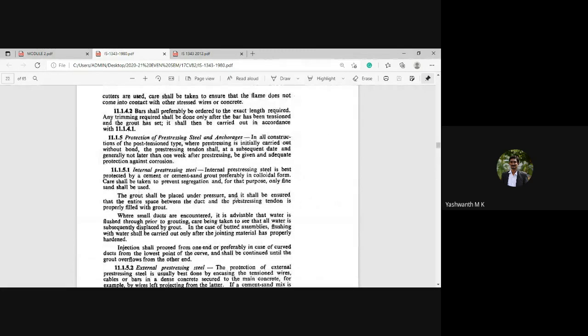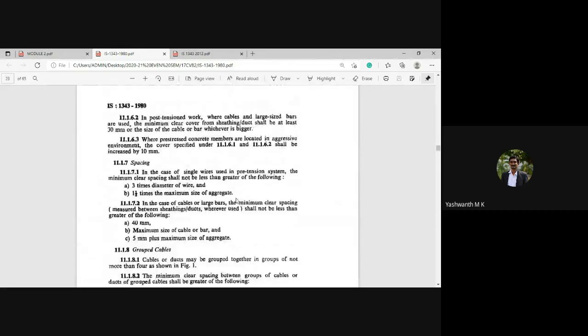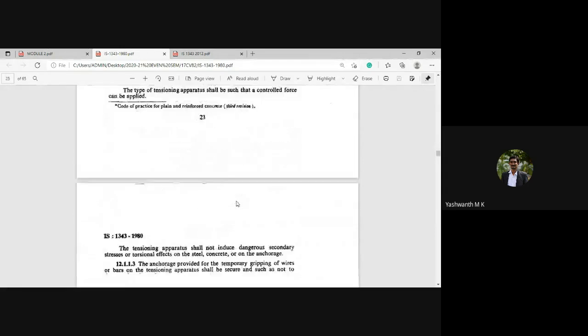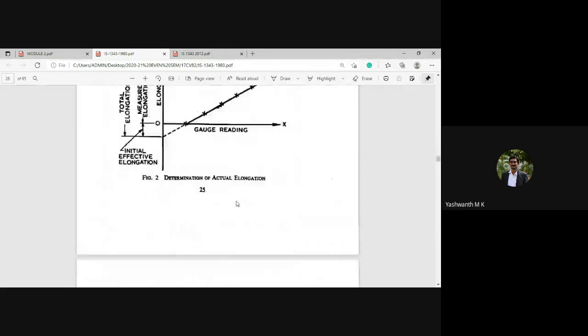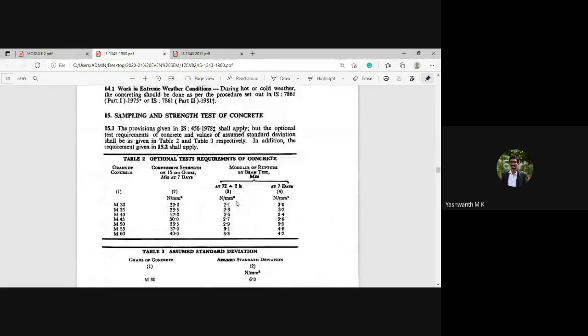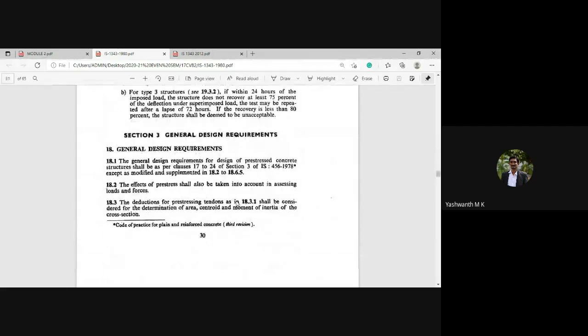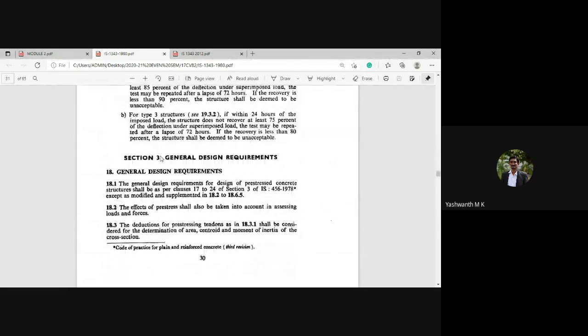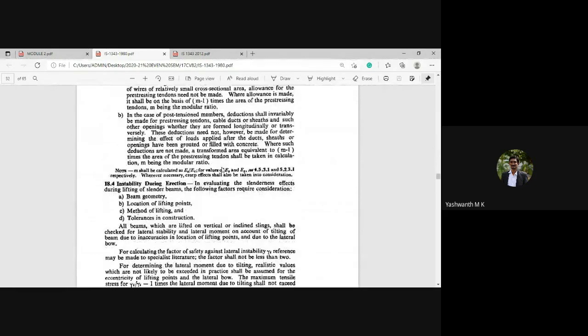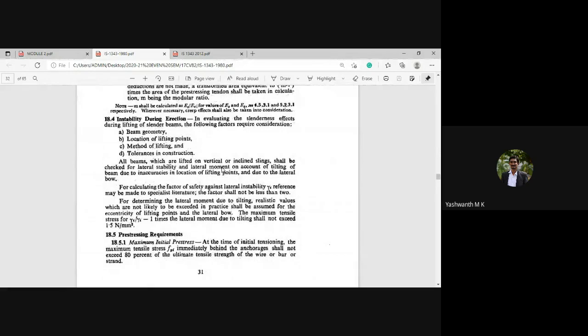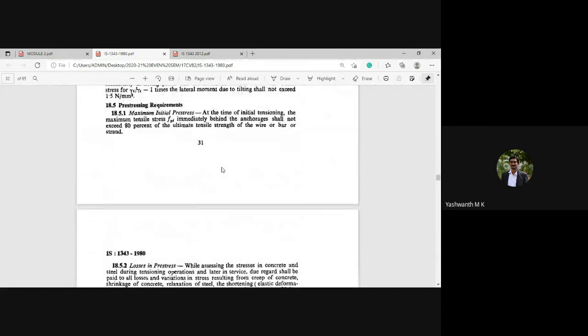So that is whatever has been highlighted in the 2012 code. Once again, let us see what has been specified here. Section 3, general design requirements. There it was clause 19.5, here it is clause 18.5.